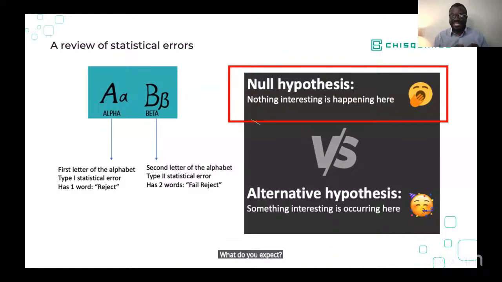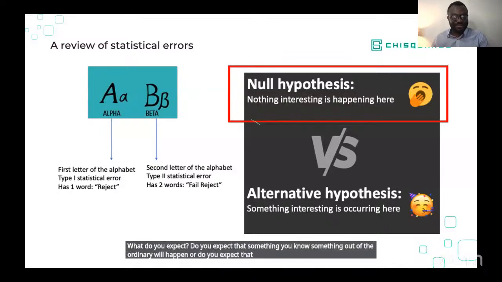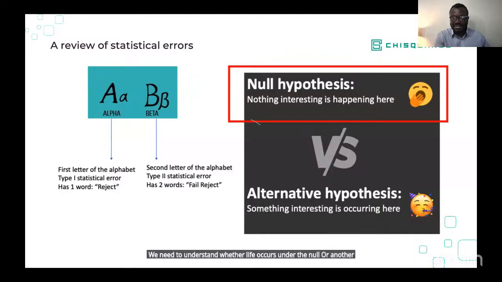Do you expect that something out of the ordinary will happen, or do you expect that nothing out of the ordinary will happen? Because we need to understand this concept to really understand statistical testing. We need to understand whether life occurs under the null or under the alternative. And if we've lost him, does somebody else want to pick up that argument?